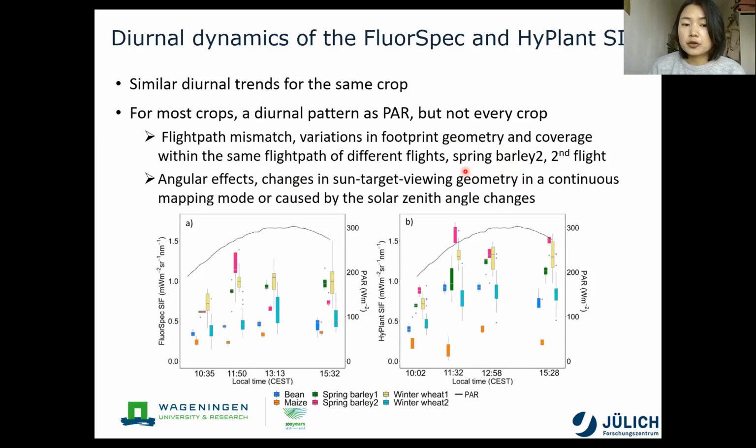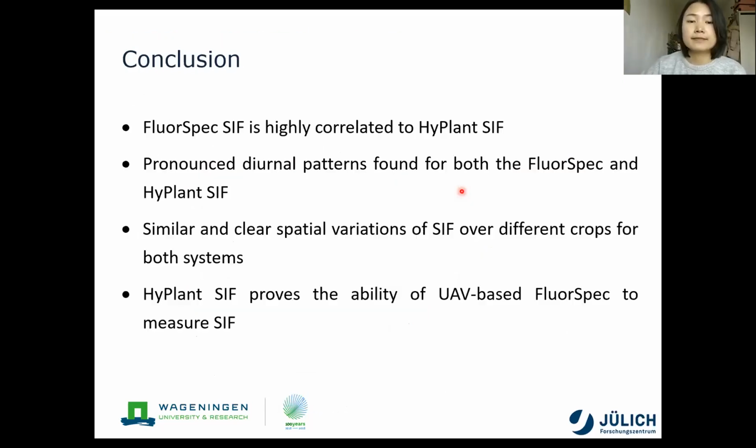For example, for spring barley 2, the footprint covers more greenness, and the angular effect can be caused by the changes in the sensor viewing geometry in a continuous mapping mode, and caused by the changes in solar zenith angle.